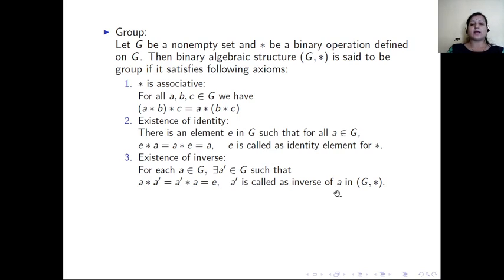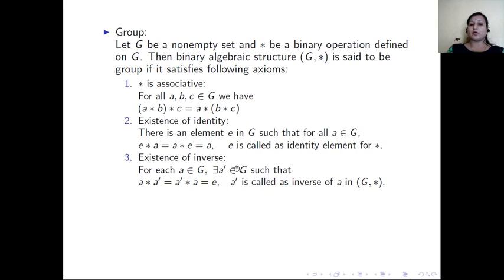A dash is called as inverse of A in G star. So any non-empty set G together with this binary operation star satisfying all these three axioms is called as a group, and we denote it as G comma star. So G is a group with respect to the binary operation star.